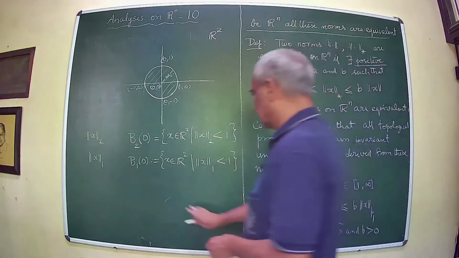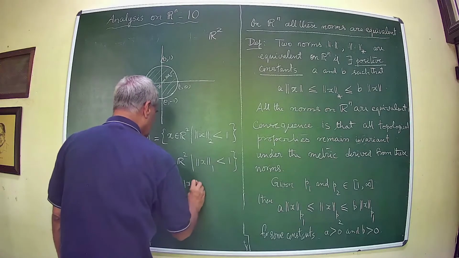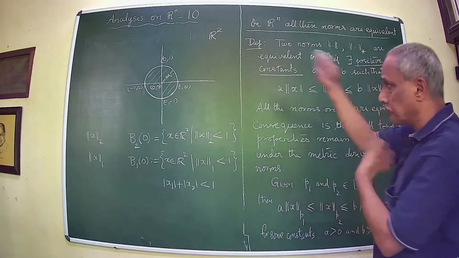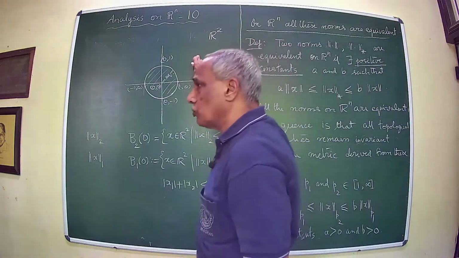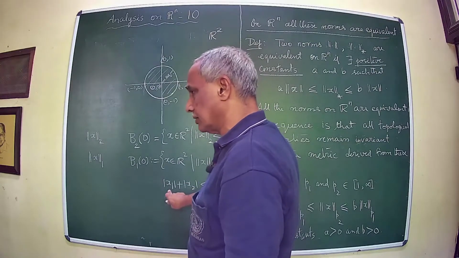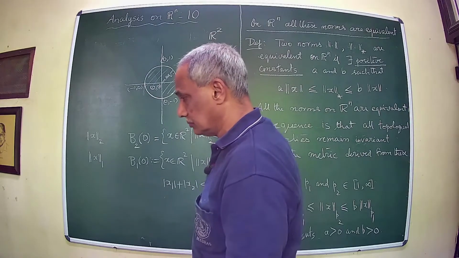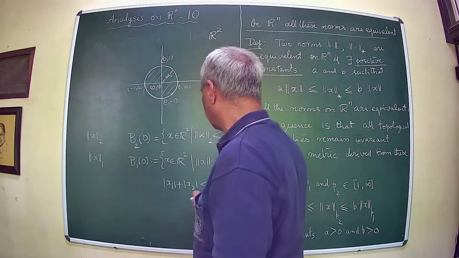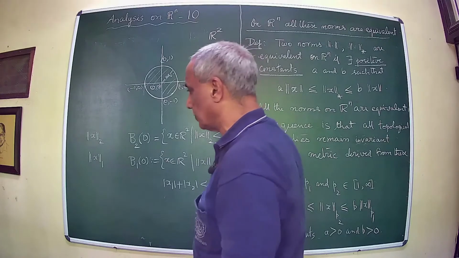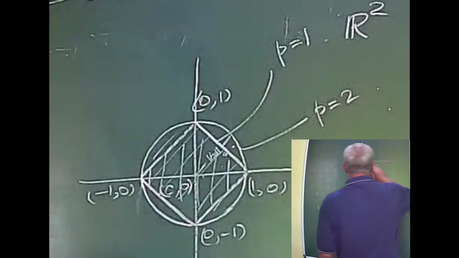So that gives the condition that mod x1 plus mod x2 is less than 1. If you consider the first quadrant, both x1 and x2 are non-negative, and therefore mod x1 plus mod x2 less than 1 is essentially x1 plus x2 less than 1. And what is that? That is this line.